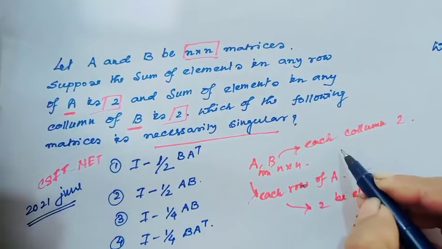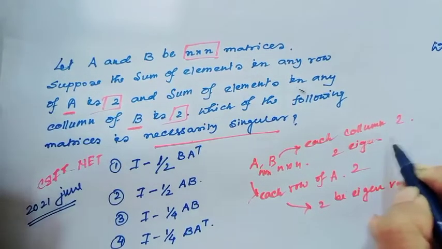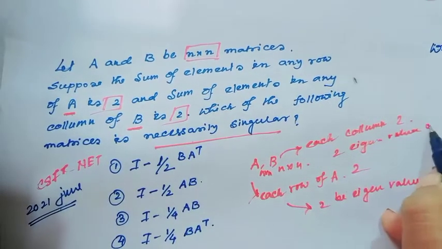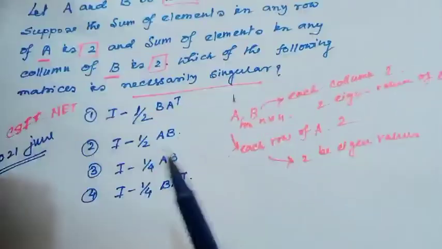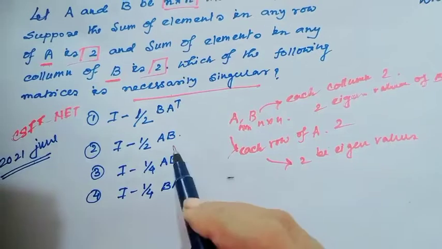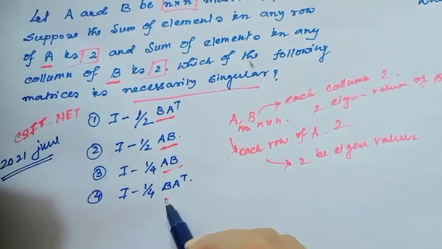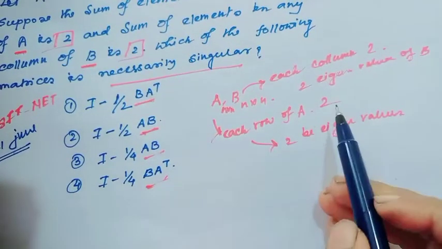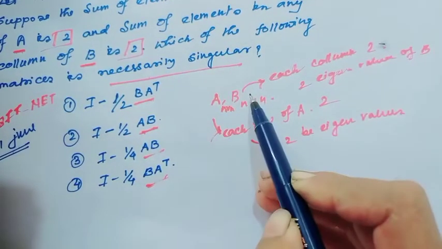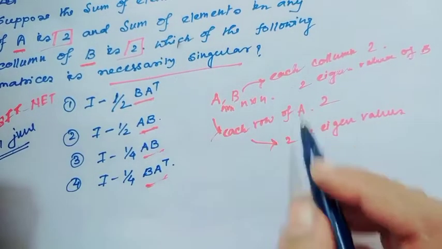So 2 is an eigenvalue of B. Here the question has AB and BA transpose.